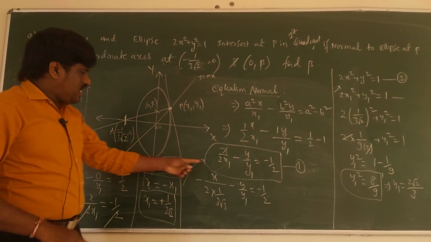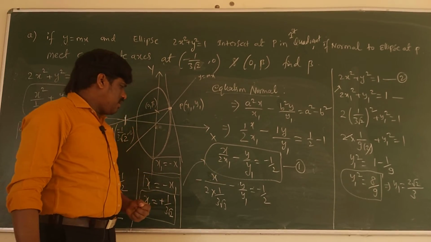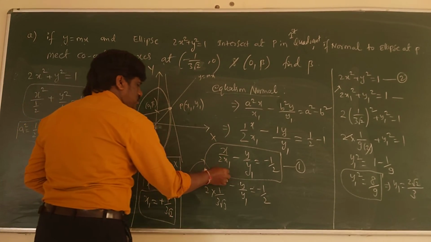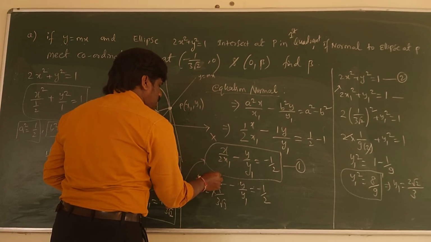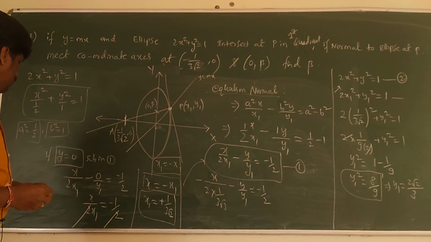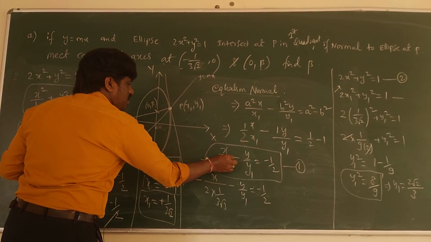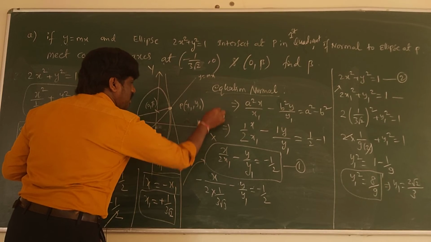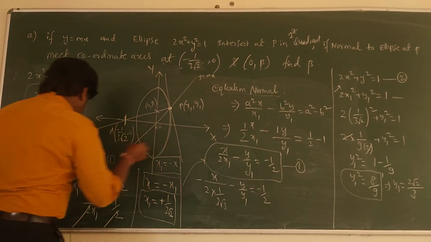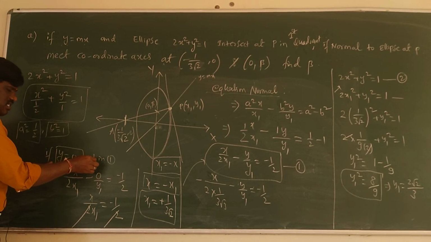So this is the equation of the ellipse and this is the equation of the normal. Then I substituted y is equal to 0 in the first equation.